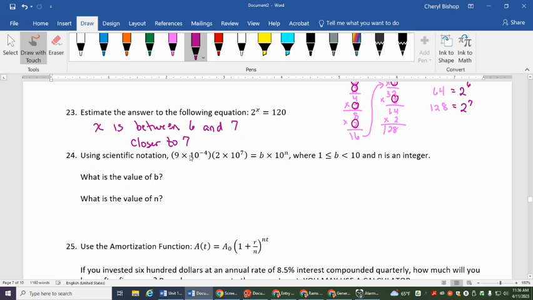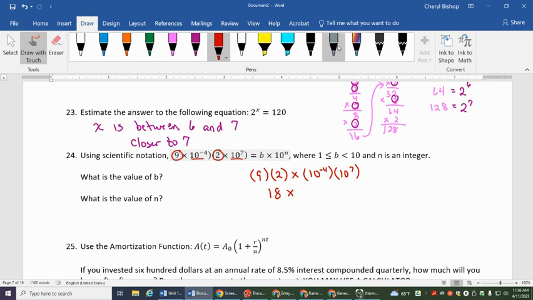Scientific notation, when we're multiplying, remember what we're going to do is multiply our regular numbers together, and then multiply our tens together. So I'm going to do 9 times 2 times 10 to the negative 4 and 10 to the 7. 9 times 2 is 18.